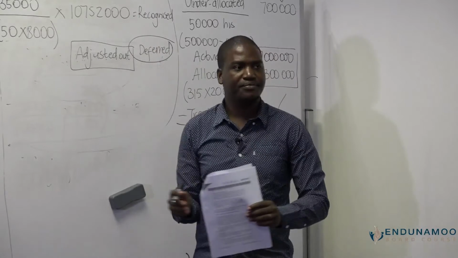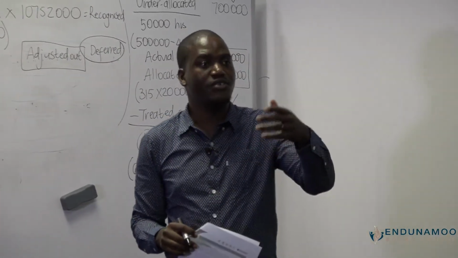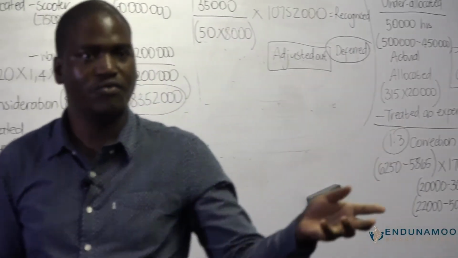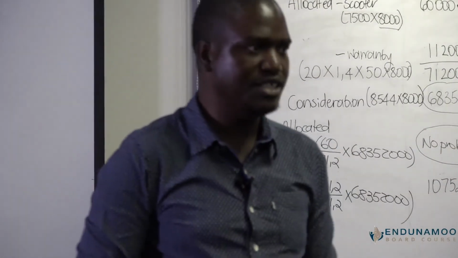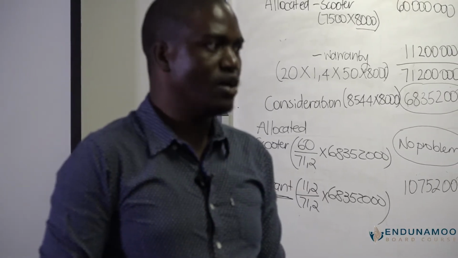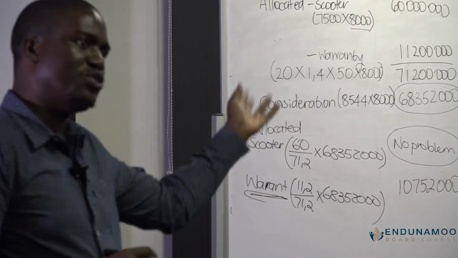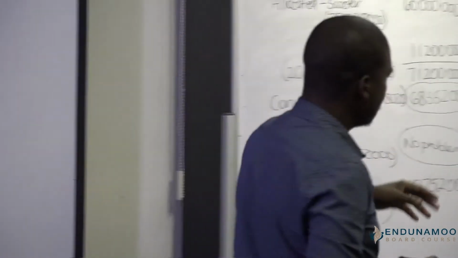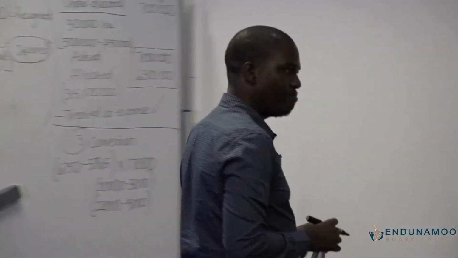Do you agree? Because they've included the revenue that should have been deferred. Now we are saying remove that as part of your revenue calculation. Are we all clear with the logic that we followed to get there? Are we all saying yes?